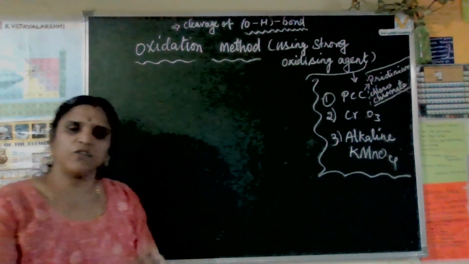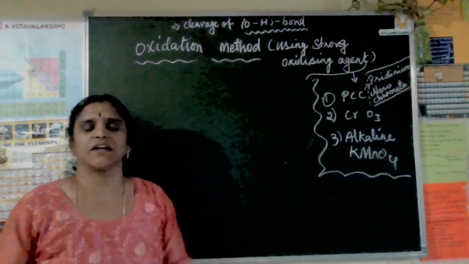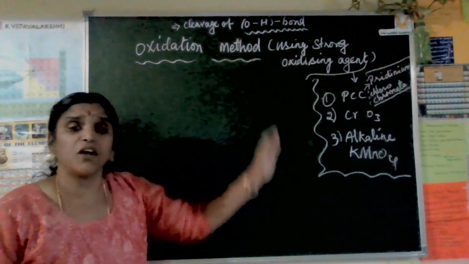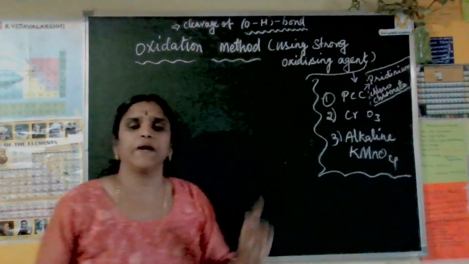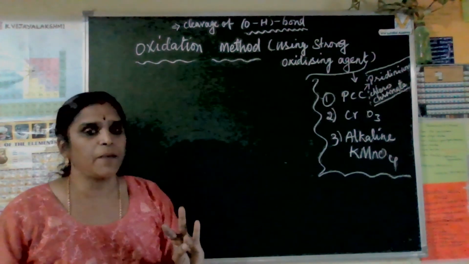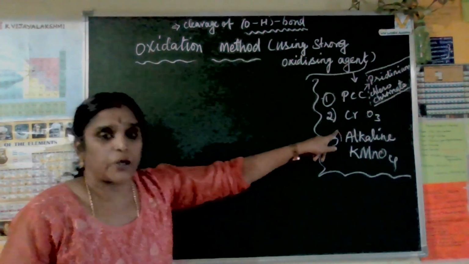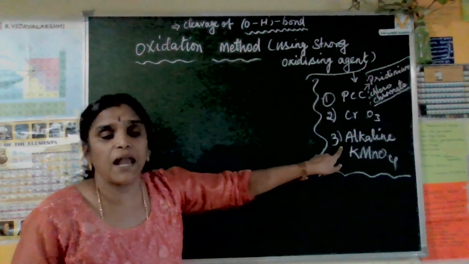Now the next one is the oxidation method. Alcohol undergoes oxidation and you get aldehyde. On further oxidation, you get carboxylic acid. So we use an oxidizing agent. What are the oxidizing agents? PCC, pyridinium chlorochromate, which is nothing but pyridine with chromium oxide along with HCl. So that is a complex formation, then anhydrous chromium oxide, and alkaline KMnO4.